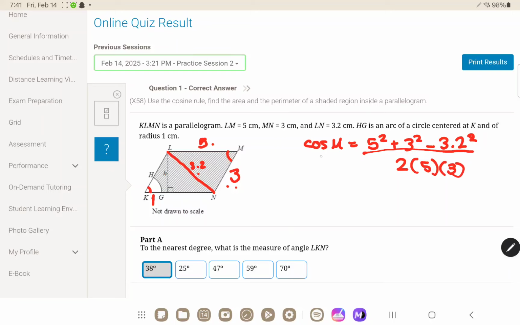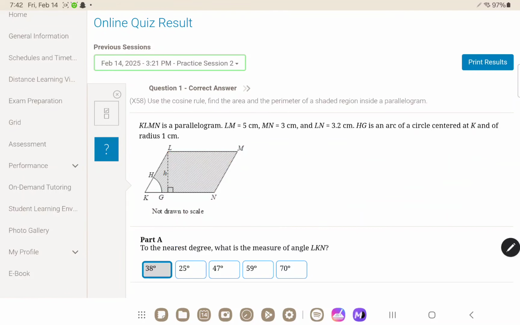Now, once you do this in your calculator, you're going to find cosine m. What I just do is I say m is cosine -1 of this, and I put that into my calculator. You're going to find angle m is equal to 30-something. It's going to give you a decimal that rounds up to 38 degrees. That's how you solve part A.